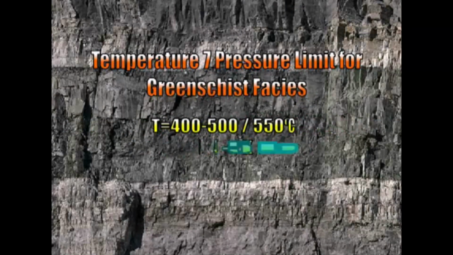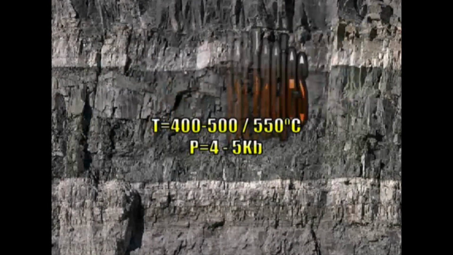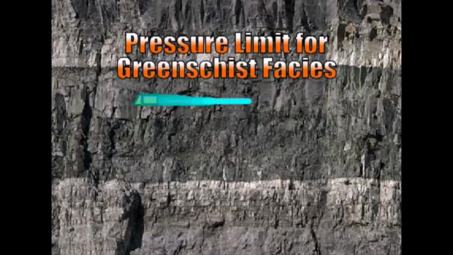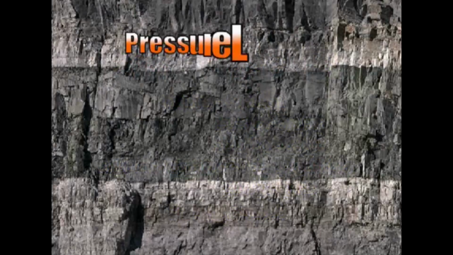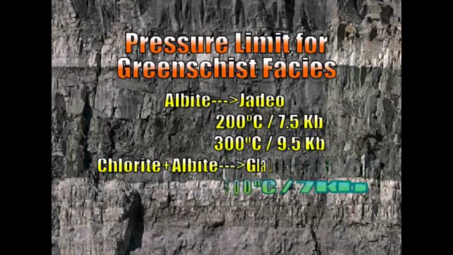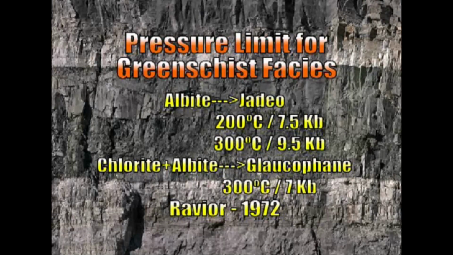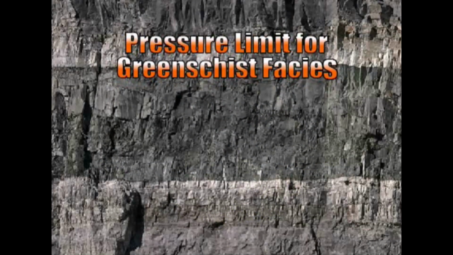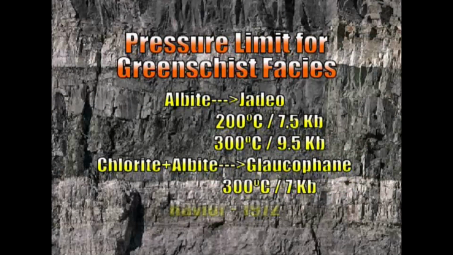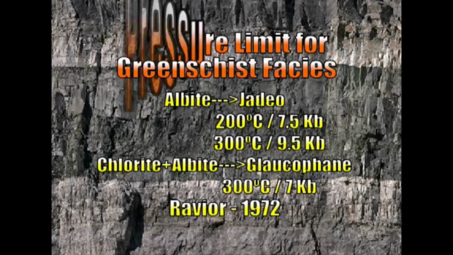The upper pressure limit we can decide on the basis of breakdown of albite into jadeite plus quartz. Albite give rise to jadeite plus quartz at 200 degrees centigrade 7.5 kilobar, 300 degrees centigrade 9.5 kilobar, and another reaction is chlorite plus albite give rise to glaucophane at 350 degrees centigrade 7 kilobar by Brown in 1972.